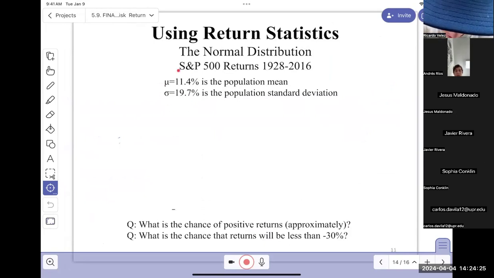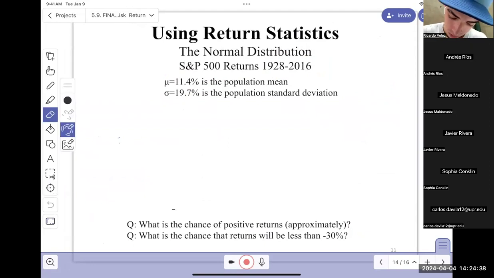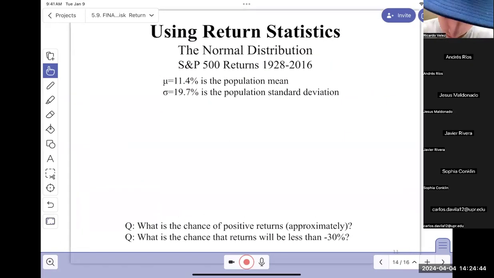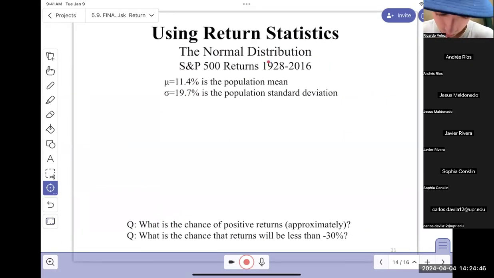Using this data, I've taken the mean and standard deviation from the historical data, called the mean mu and this sigma, treating it like a population. Now in the space provided, I will display this distribution as a normal distribution, and I want you to answer these questions.